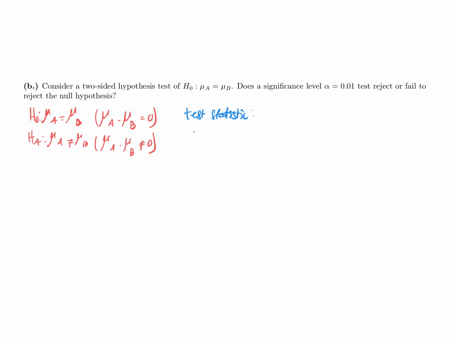We have our t, which is going to be 32.45 minus 41.45, minus our null hypothesized value of 0, over the square root of 4.3 squared over 14 plus 5.23 squared over 14. And we end up with a t-test statistic of negative 4.9736.